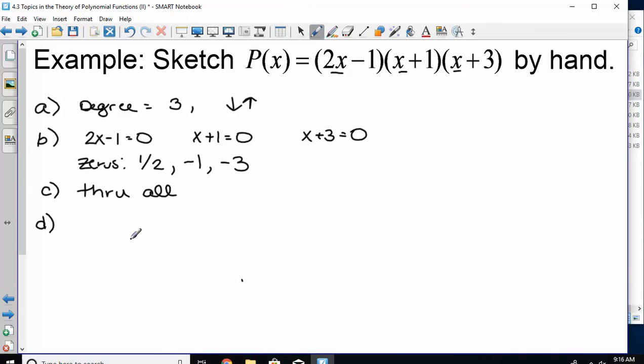Next, I want a y-intercept. What's a y-intercept? Where it crosses the y-axis. What's true about x if you're on the y-axis? X equals 0. So we're going to plug in a 0 for your x and see what we get out.